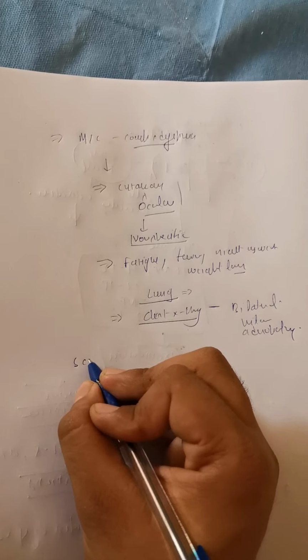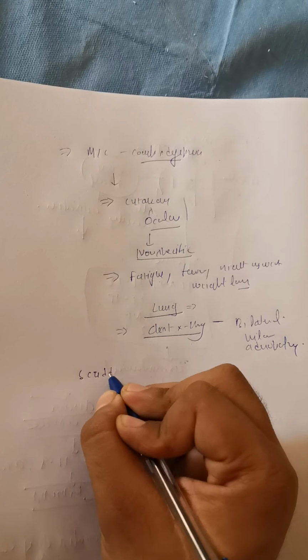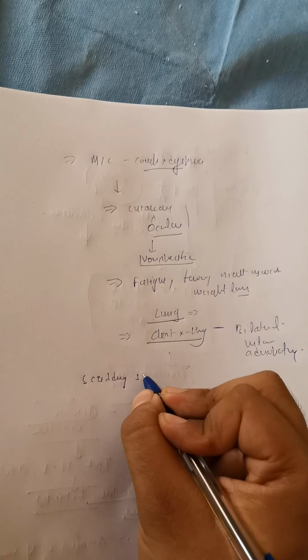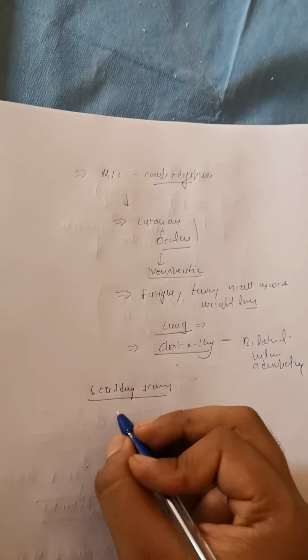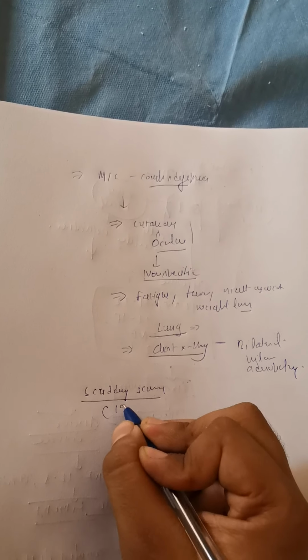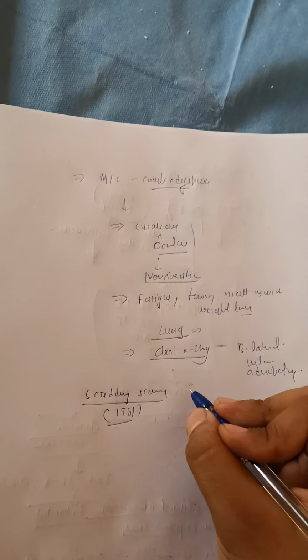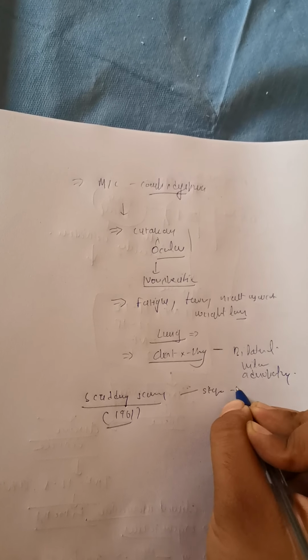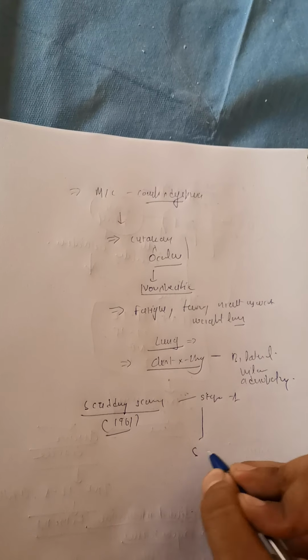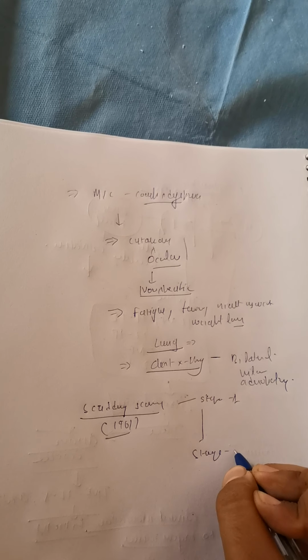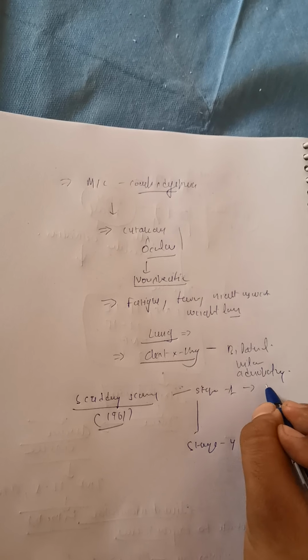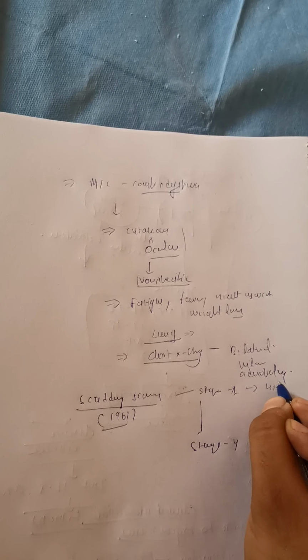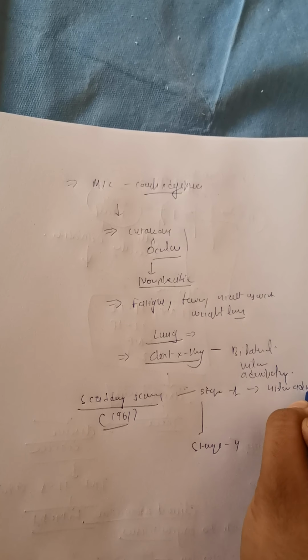A scoring system has been developed based on the chest x-ray. It was developed in 1961, which includes stage 1 to stage 4. Stage 1 includes hilar adenopathy.